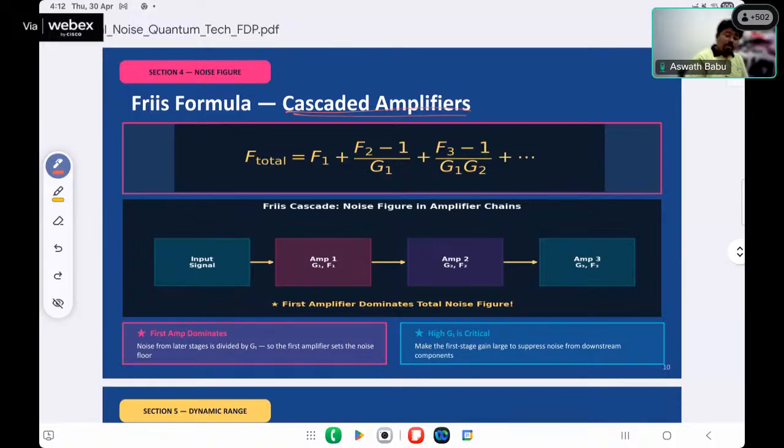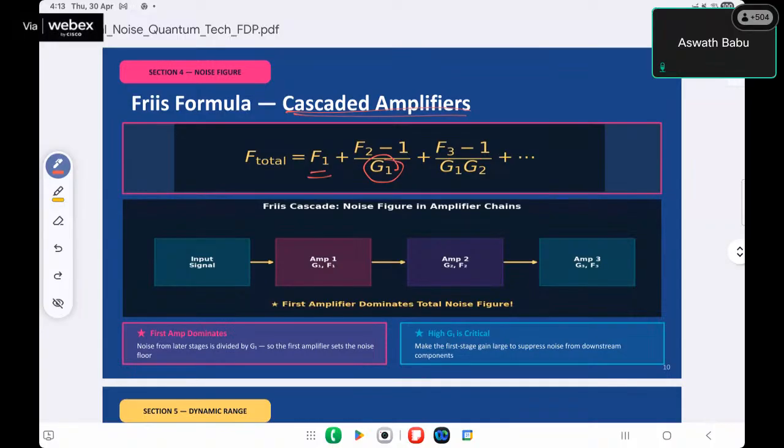And the most important part is, the first one should have a very good noise factor. Okay, right? And the first one should have a very good gain. Input signal to output signal should be enhanced when it comes to an amplifier. So if the first one has a very good amplification, G1 gain, then it will be taken care of. It will be used to add up to the later amplifiers.